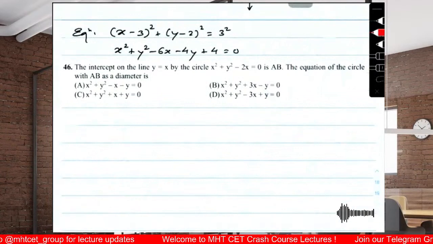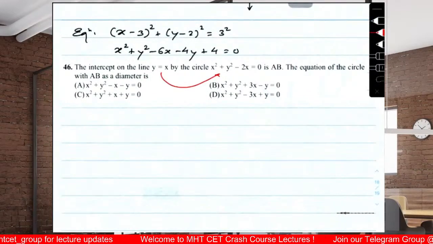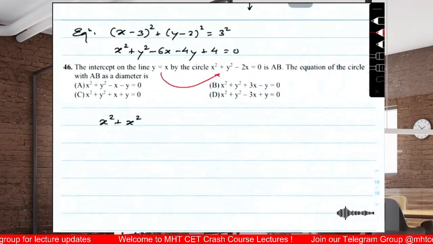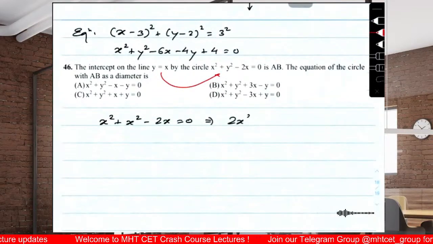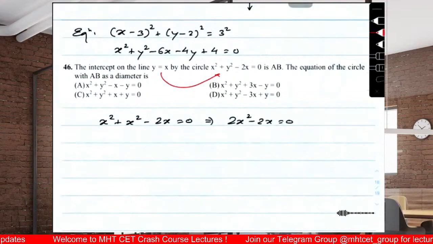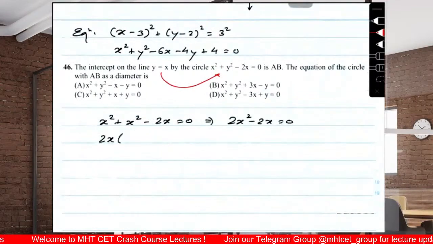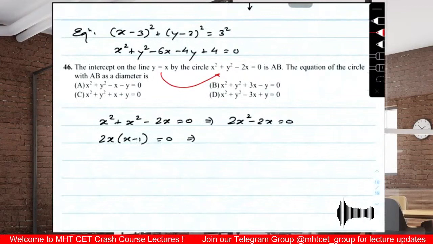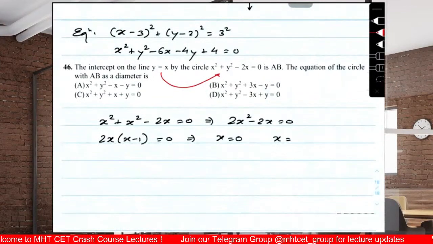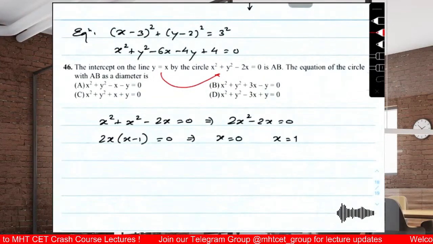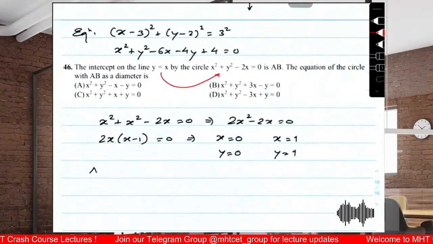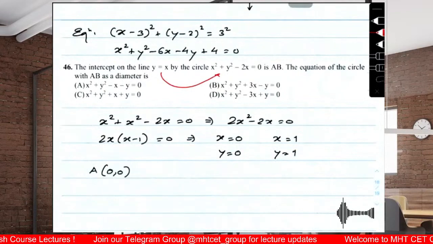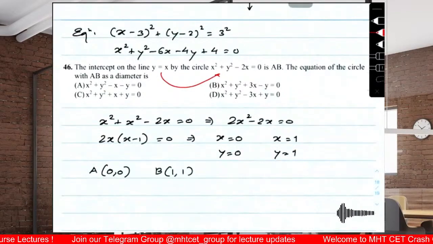If you put y equal to x here, you'll get x square plus x square minus 2x equal to 0. This 2x square minus 2x is 0. Okay, so this will give you x is 0, x is 1. So y is 0 and y is 1. So the points are, say, A 0 0 and B 1 1.